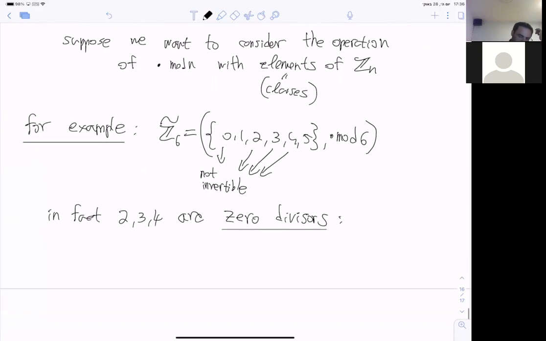I mean that 2 multiplied with 3 is 0. A zero divisor is some element which is not 0, and being multiplied with another element which is not 0, you get 0. I mean, this cannot happen in our regular Z, but here it can happen because 6 is 0.